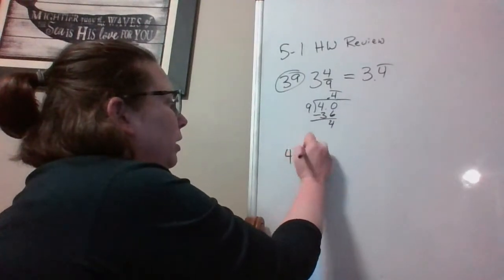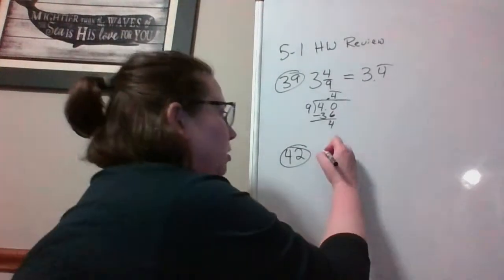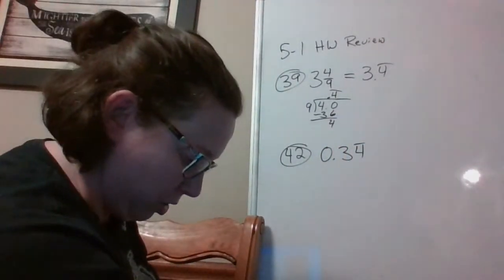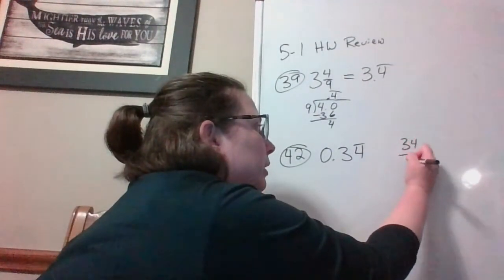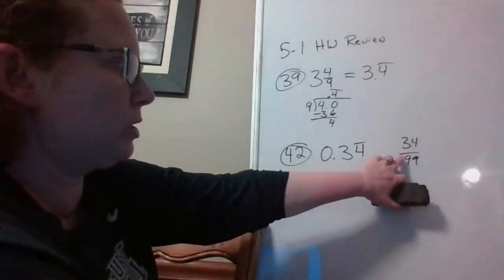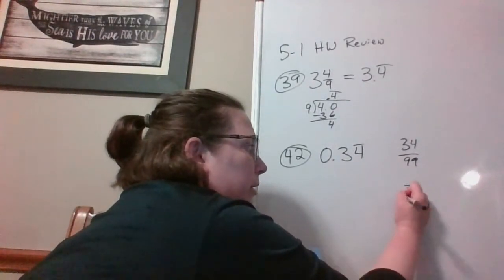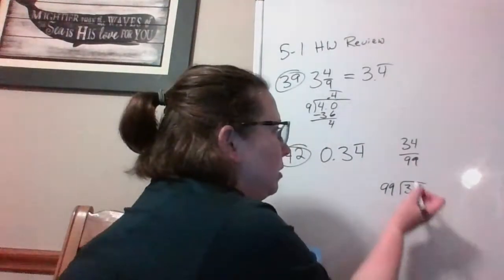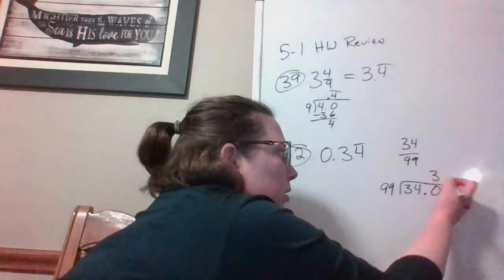Next up, we have 34 hundredths with the repeating period of the 4, and 34/99. When we have a situation like this, we need to take this 34/99 and figure out what that is as a decimal so that we can compare these.